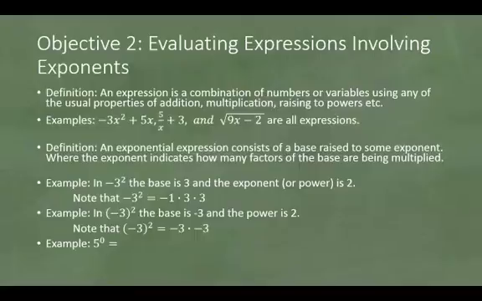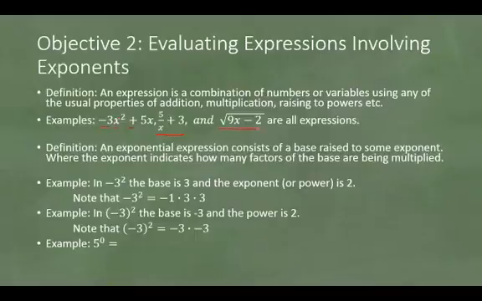Objective 2, evaluating expressions involving exponents. Definition. An expression is just a combination of numbers or variables using any of the usual properties of addition, multiplication, raising of powers, etc. So it's just a combination of any number like -3 and variables like x raised to some power, using multiplication, using addition, etc. So here this is an expression. 5 over x plus 3 is an expression because we're taking a number, dividing it by a variable, adding 3 to it.